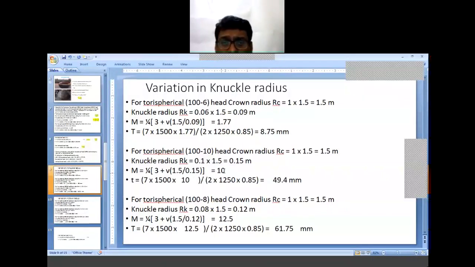However, these values of M are wrong values. I suppose you have to correct these two values and then calculate the value of thickness. These values will not be there, as the value of M is going to change.